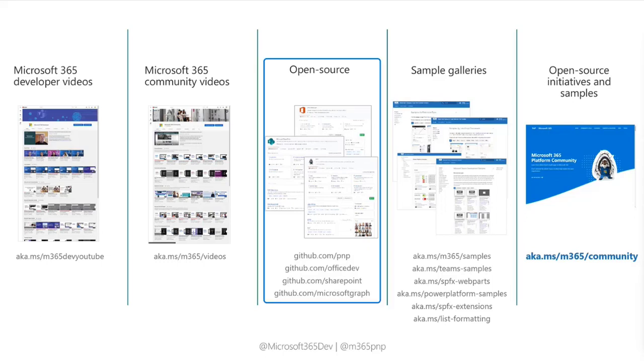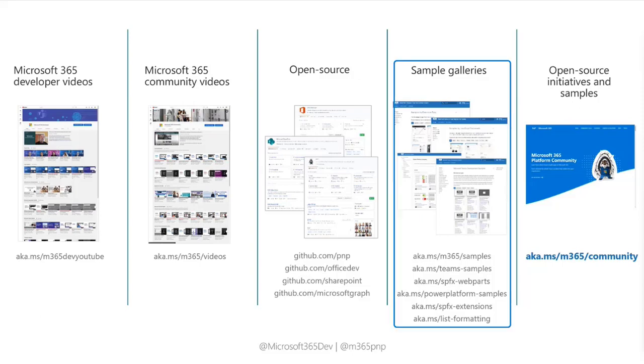Now, on the open source side, we have a lot of stuff in GitHub. So underneath github.com/pnp, which is our Microsoft 365 platform open source community organization, and then the official organizations, OfficeDev, SharePoint, Microsoft Graph, and so on. It might be, however, a bit difficult to find the relevant samples from GitHub because there are so many repos, so we started implementing sample galleries.